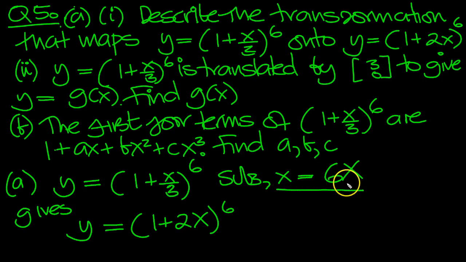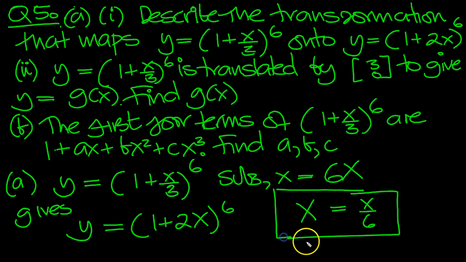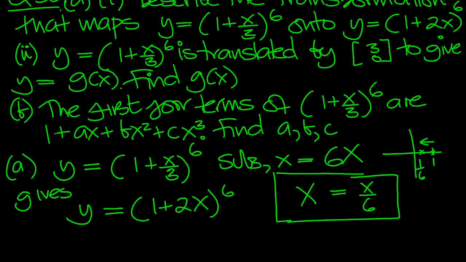Okay, what does that tell us then? Well, it tells us that the new x value is a sixth of the old one, doesn't it? So for example, if we had an axis and we had the x point of 1, say here, then if we put 1 in here, we'd get the new value is 1/6. So it's a stretch, isn't it?